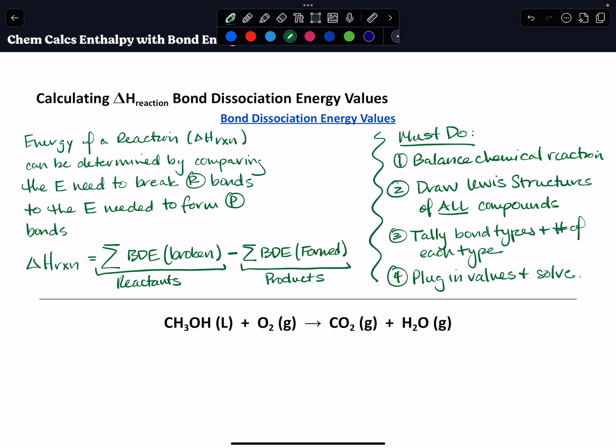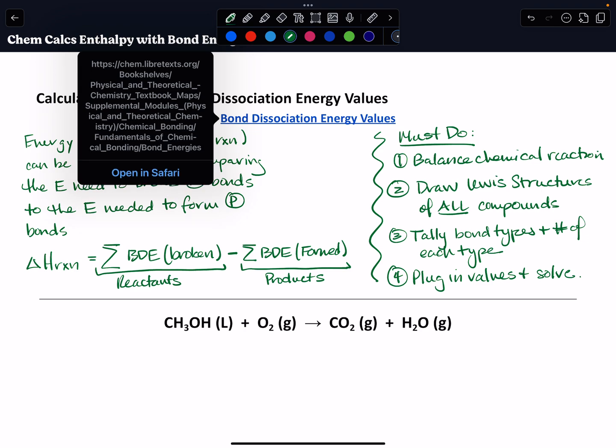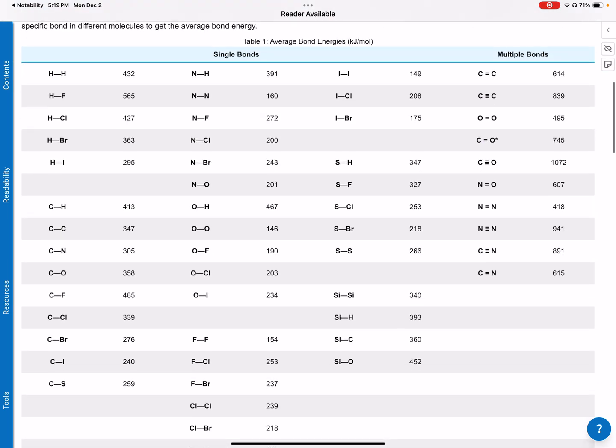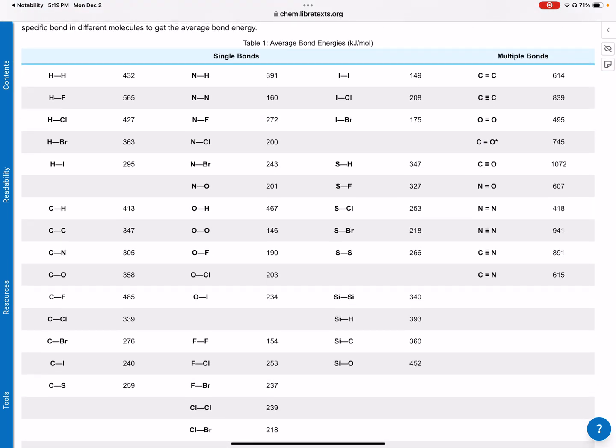So we're going to do two examples. We're going to go through each one of these 4 steps. And then I have the bond dissociation energy. I have a table next to me on my desk. I also have put a link right here on the top, so you could click this and it will take you right to a particular bond energy table. You can see that I've got a lot of different bond energies here.